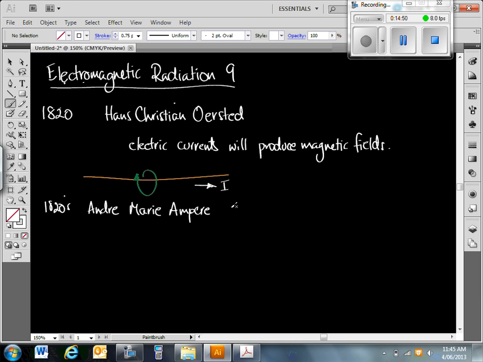He was French, and he noticed and described interactions between electric currents.